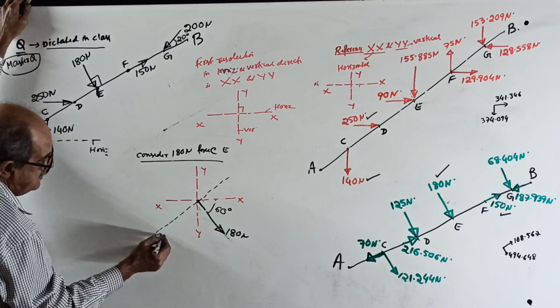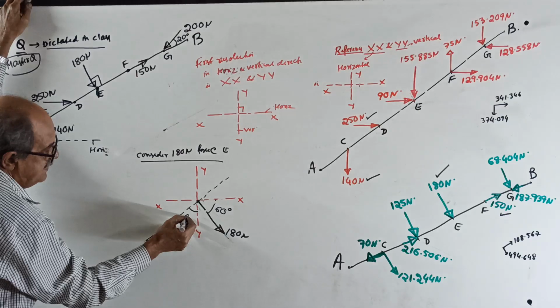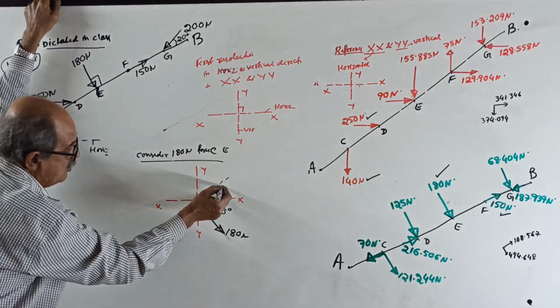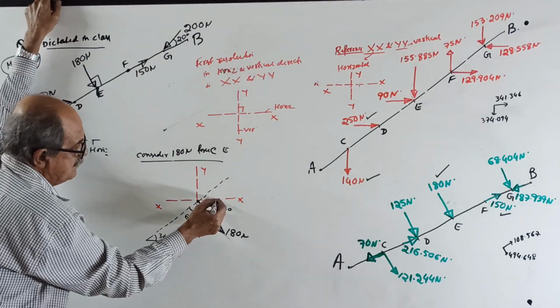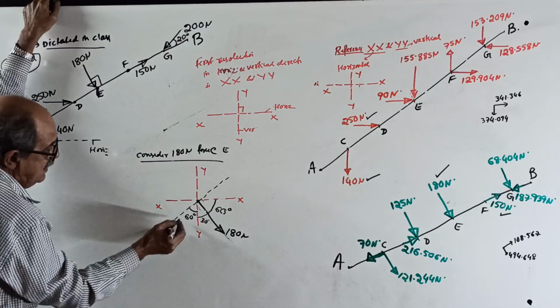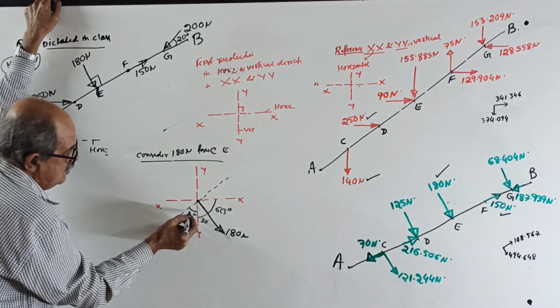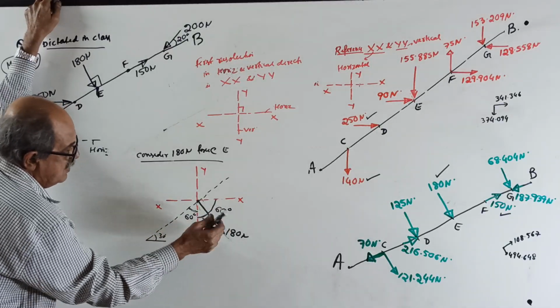This is 30 degrees. If that is 30, this is 60 degrees. If that is 60 degrees, this is perpendicular to this line, this will again become 30 degrees. Then this will become 60 degrees. See, 30, 60, this is perpendicular to this line. So if it is 60, this is 90, 30, since it is perpendicular, 60.